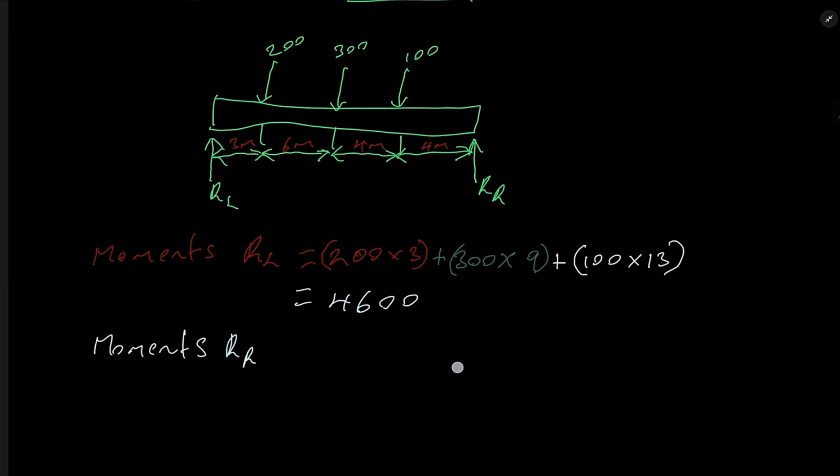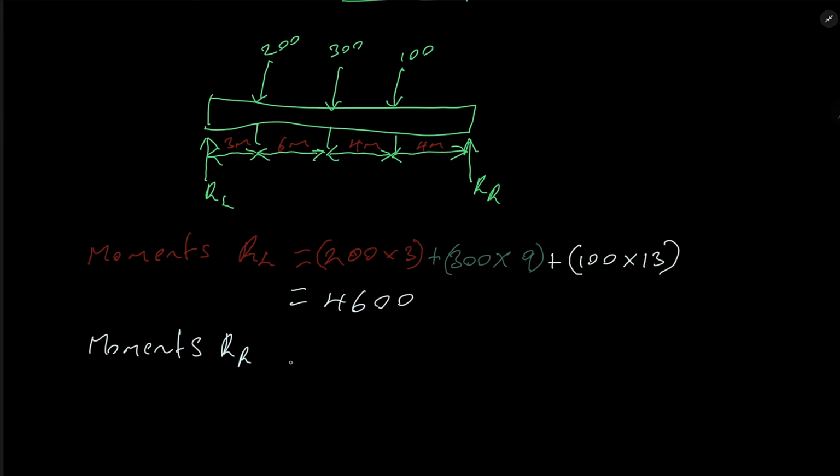Similar to the previous video, this is going to be equal to the total distance between the two reaction points RL and RR, which in this case is equal to 17, multiplied by RR, which is going to be equal to 4,600.